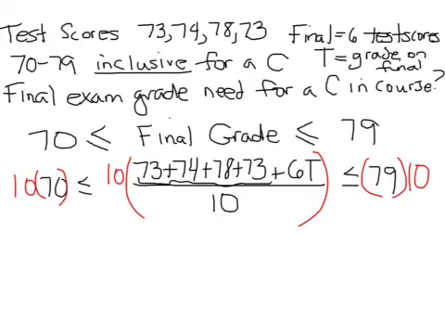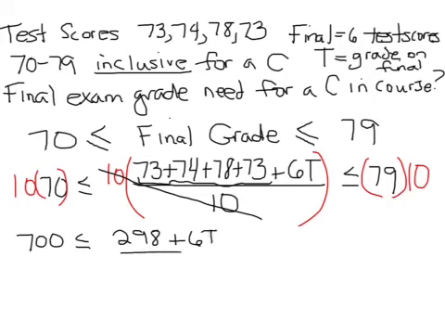So overall, in my next step I get 700 less than or equal to, the 10s cancel, and those numbers in the 70s, if you put them in a calculator, add up to 298, plus 6t over, not over 10 anymore. Yay, got rid of fractions. Is less than or equal to 790.